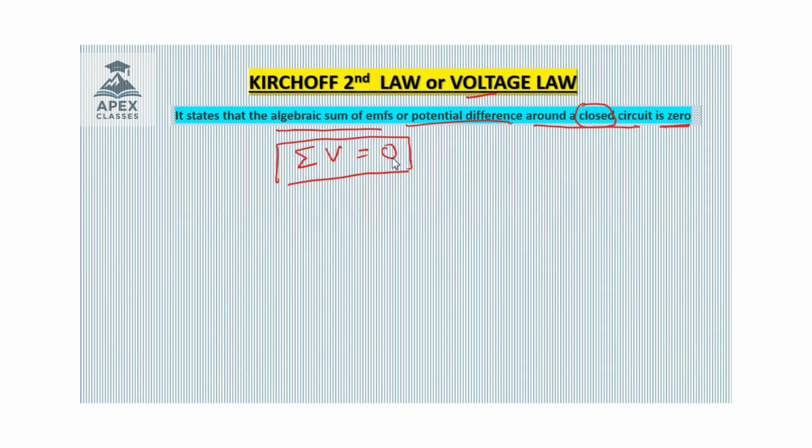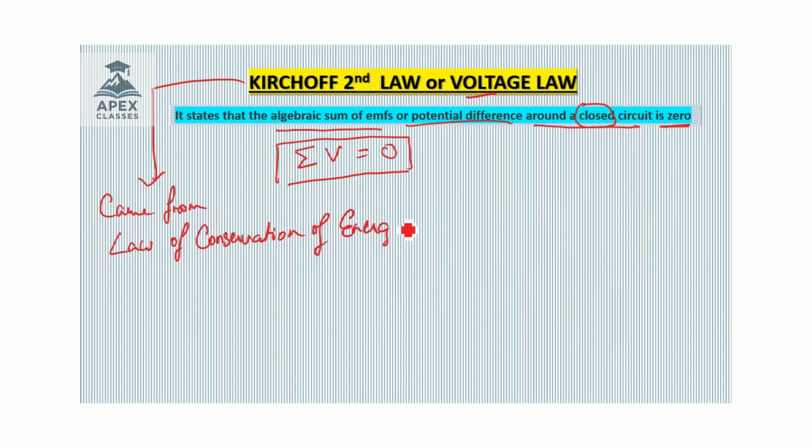Now, the first law came from the law of conservation of charge, and this second law came from the law of conservation of energy, which we all know states that energy can neither be created nor destroyed.